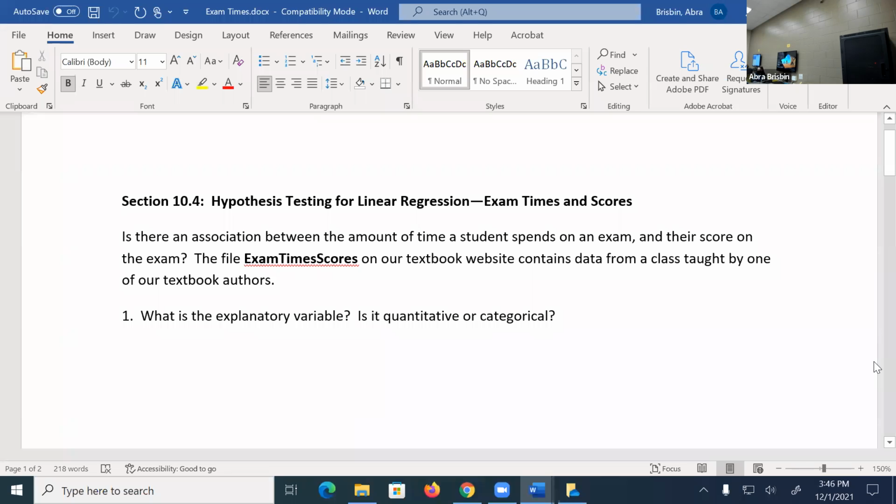This is the one that I spent on the exam. Sometimes you spend more time because you're in the zone. Or you spend more time because you don't understand.